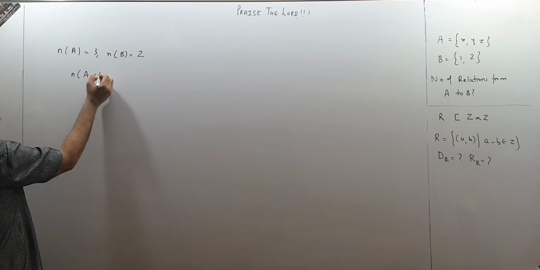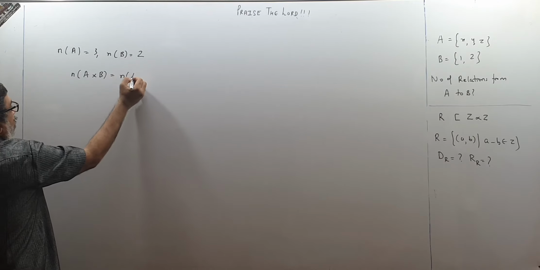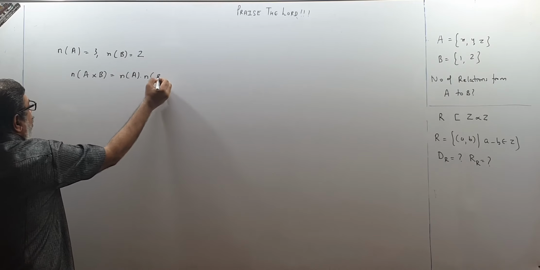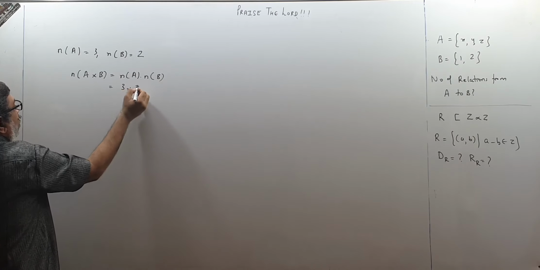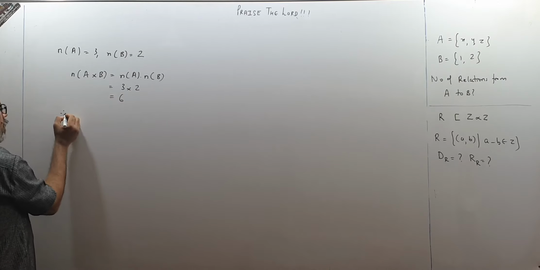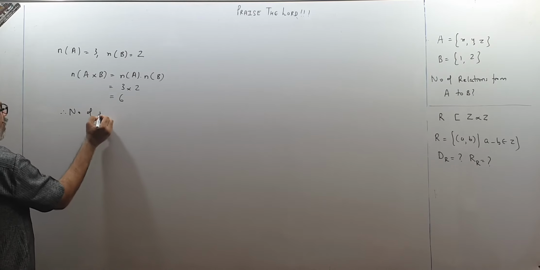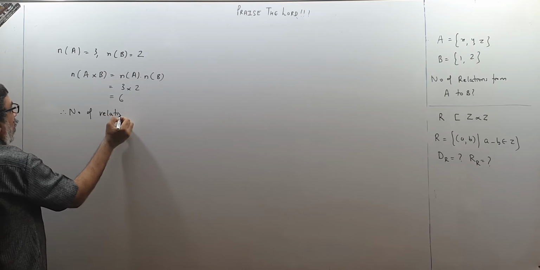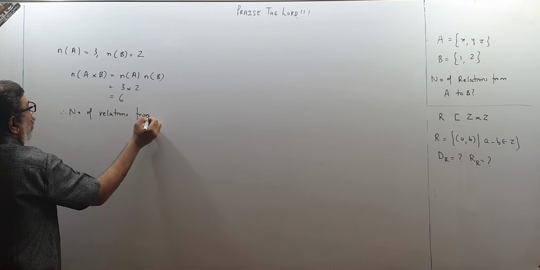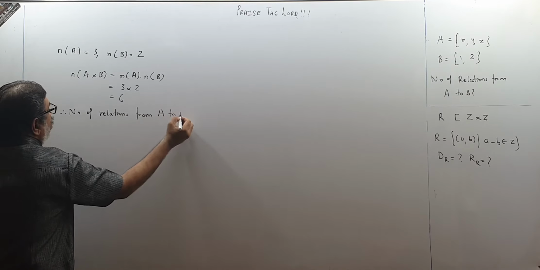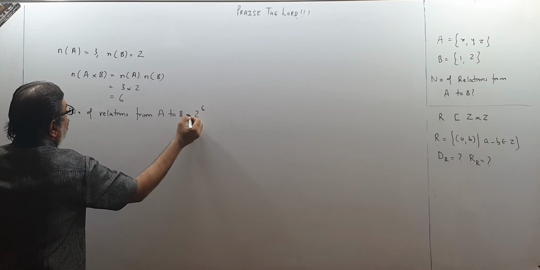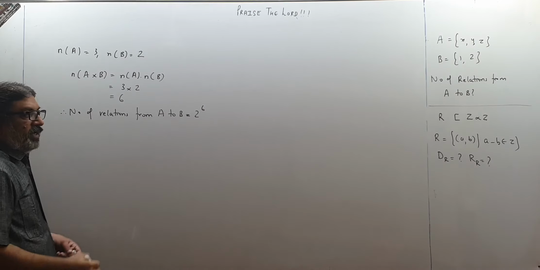What will be the number of elements of A cross B? n(A) into n(B), that you already know. That will be 3 into 2, that will be 6. Therefore, the number of relations from A to B will be the number of subsets, and that will be 2 raised to 6. Like this we get the answer.